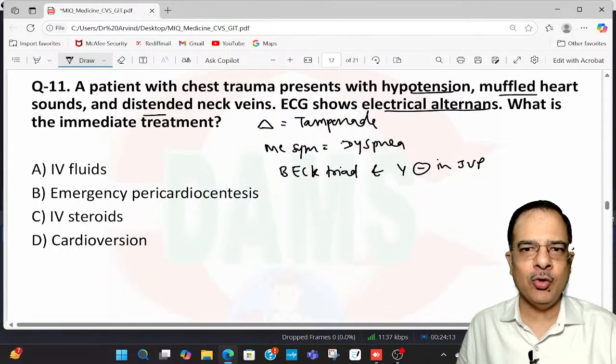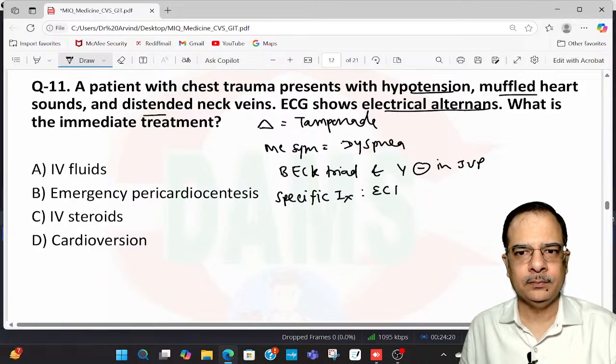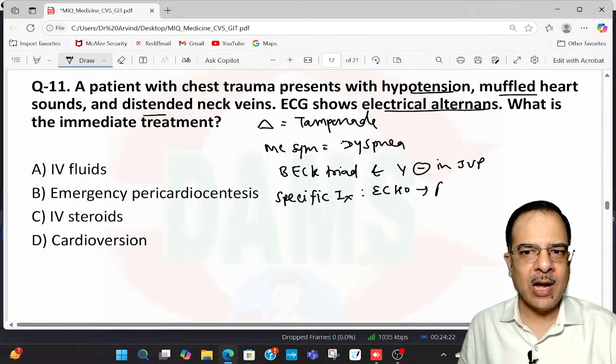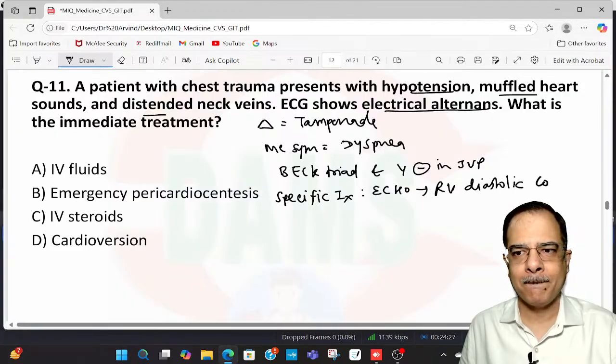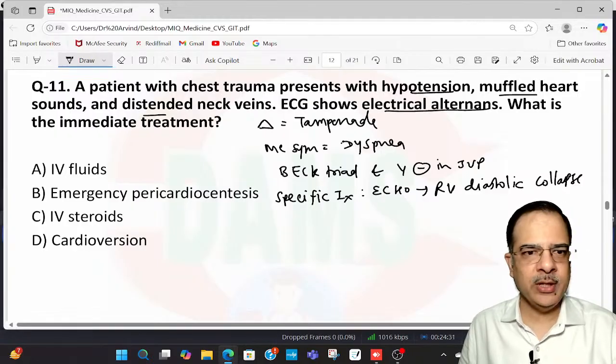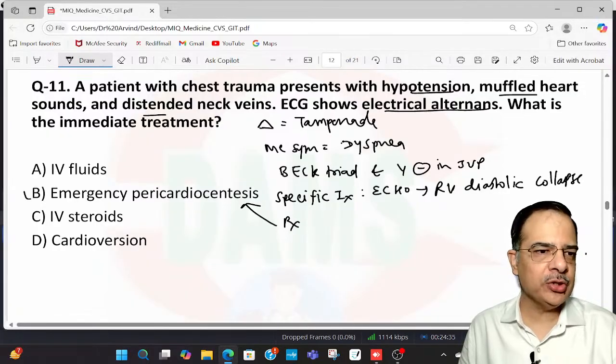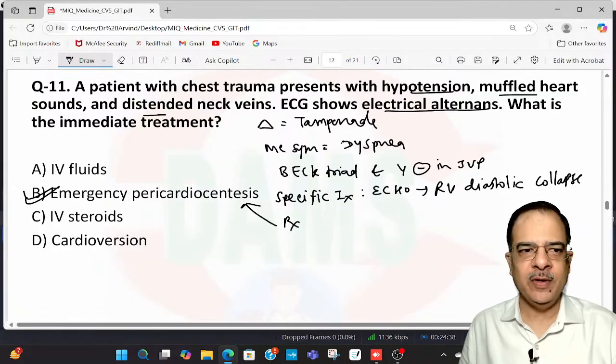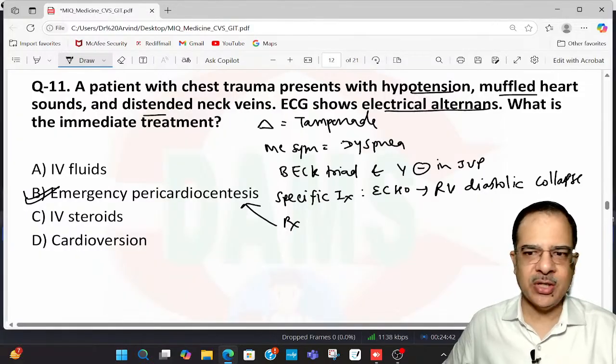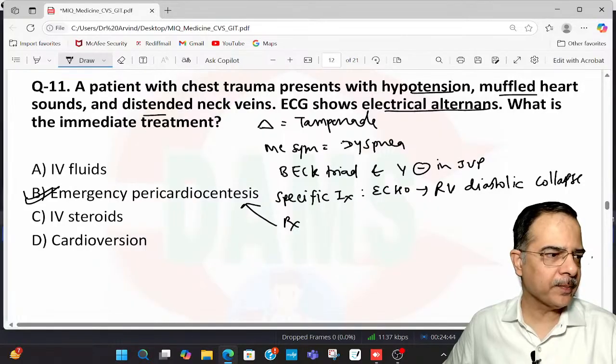ECG will show electrical alternans, while the specific investigation is echo, which will show right ventricle diastolic collapse. The treatment is emergency pericardiocentesis. So this is a case of cardiac tamponade.